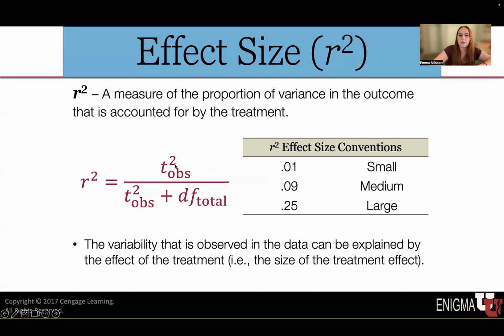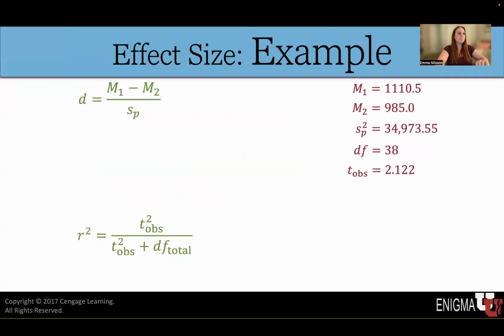We square our t statistic in the numerator, and then we take that value and add it to our degrees of freedom in our denominator. And here are the size conventions. As a reminder, R squared, in other words, is the variability that is observed in the data that can be explained by the effect of the treatment. In other words, the size of our treatment effect.